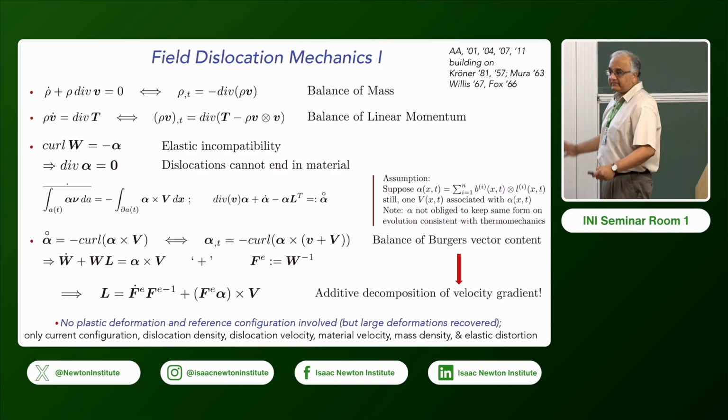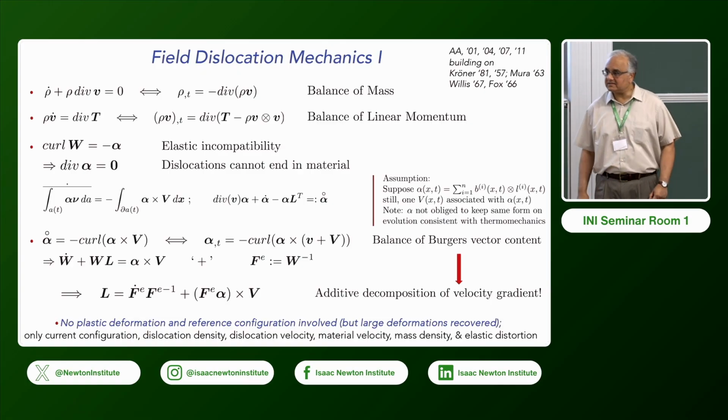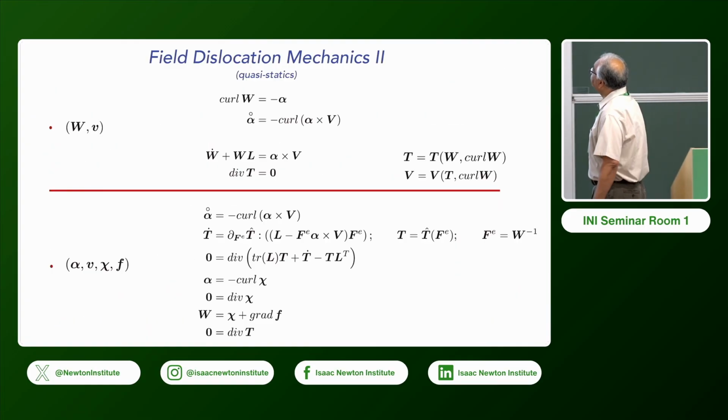The only state variables are from here and now: current configuration, dislocation density, dislocation velocity, material velocity, mass density, and the elastic distortion. These are all measurable in the current configuration. Very good.